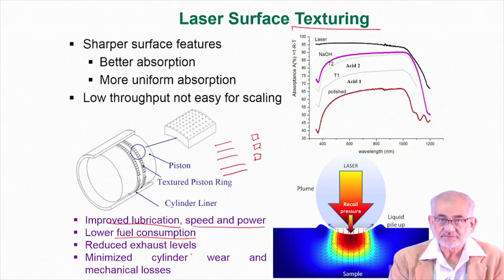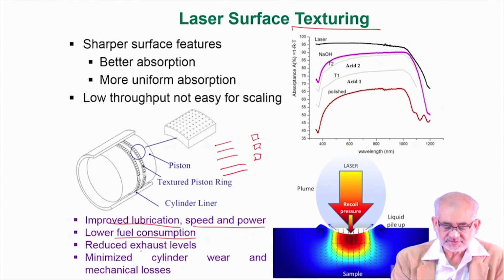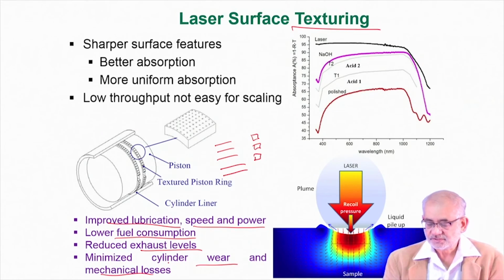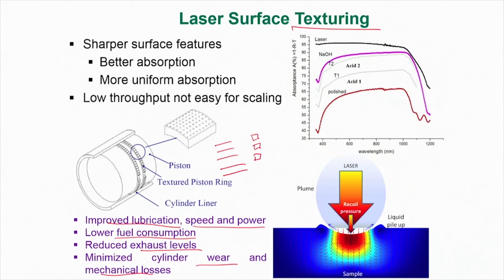So for any rotating parts, particularly let's say the engine blocks and so on, the pistons, the exhaust levels are reduced, and most importantly the wear and tear or the mechanical losses on the surfaces are reduced. When you do this with a laser, you create very localized evaporation or deformation from the surface.